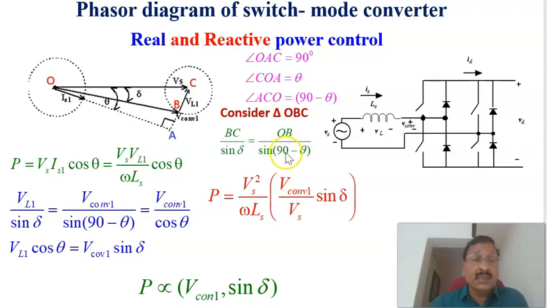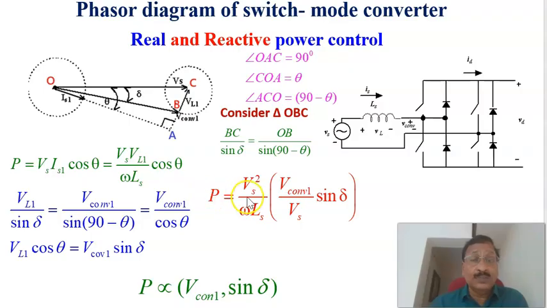BC is VL1, and OB is V converter 1. So VL1 divided by sine delta equals V converter 1 divided by sine 90 minus theta, which is cos theta. Therefore, VL1 cos theta equals V converter 1 sine delta. Therefore, we are replacing VL1 cos theta by V converter 1 sine delta.